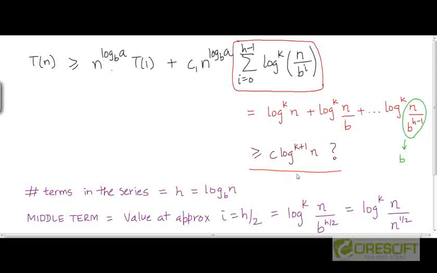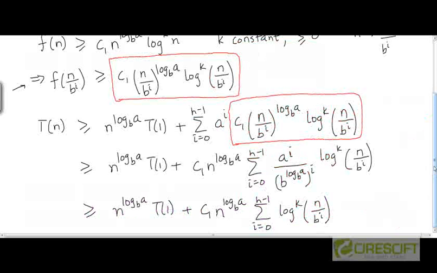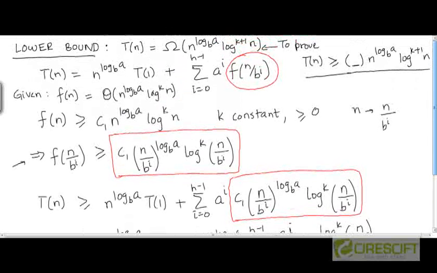Because if we can prove this, then we can take this and replace this box by c times log to the power k plus 1 of n. And we'll get T of n is greater than or equal to this term plus c1 times the function that we wanted.